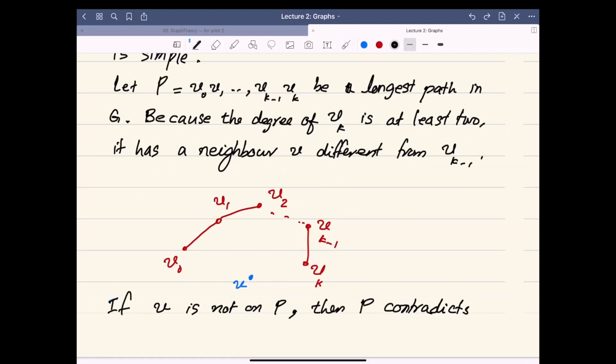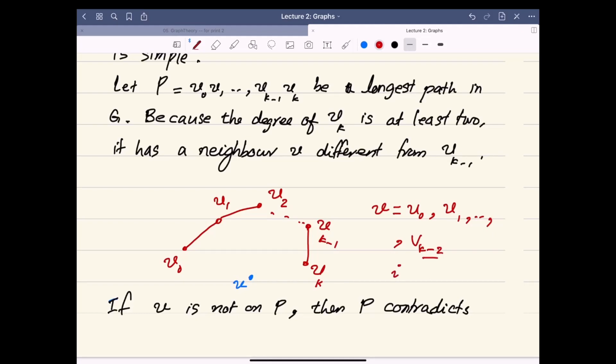So this is the diagram. What are the candidates for V as an adjacent vertex? Because we said that Vk should be adjacent to a vertex V. The candidates for V are either V0, or V1, or we keep going, and Vk cannot be adjacent to Vk minus 1, but it can be adjacent to Vk minus 2. So the last value will be Vk minus 2.